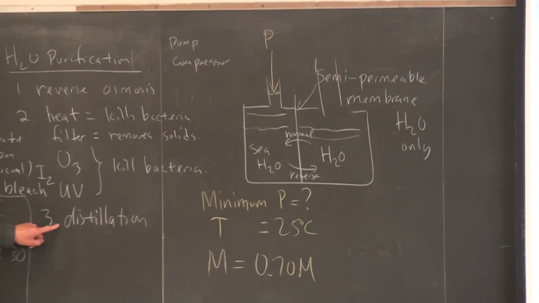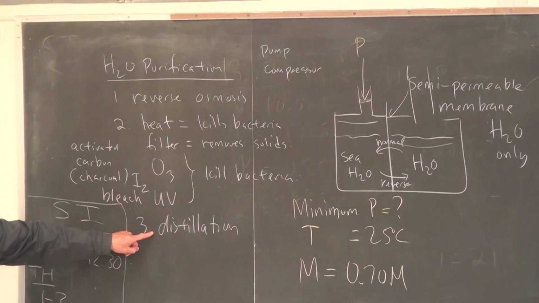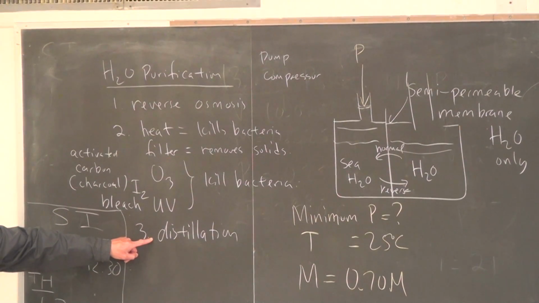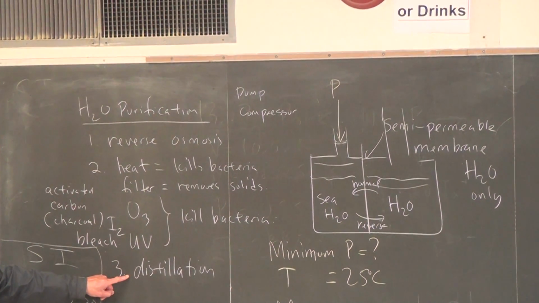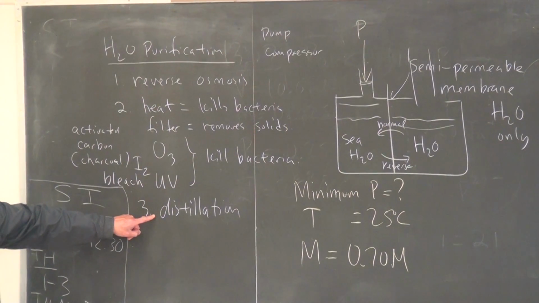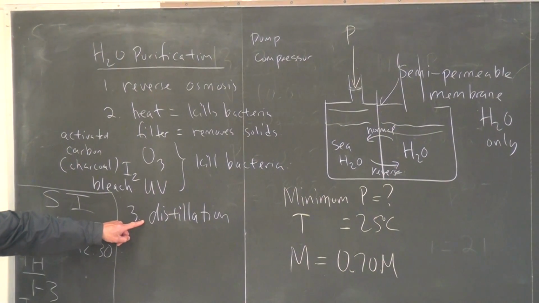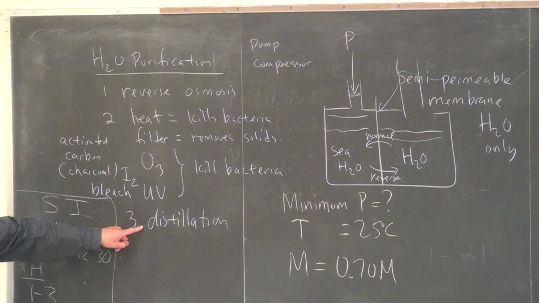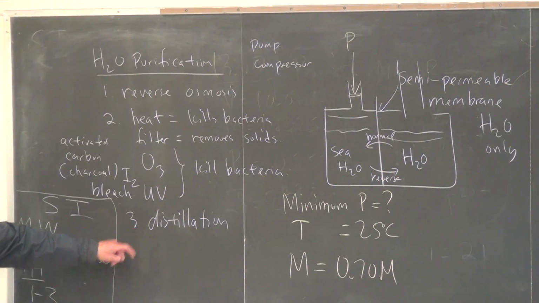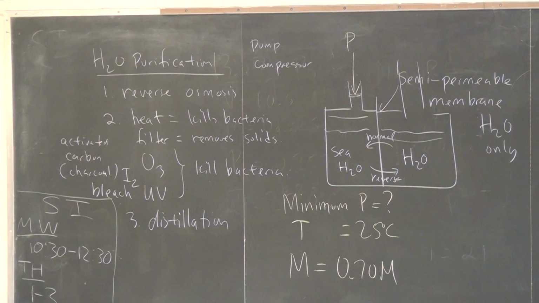Distillation, is this cheap or expensive? That's expensive. It's expensive because you gotta use heat to boil the water. Although we think of water, we have water and we use water all the time, water actually has a pretty high boiling point. It requires quite a bit of energy to boil the water. So that's why distillation is rarely ever used to purify large amounts of water.